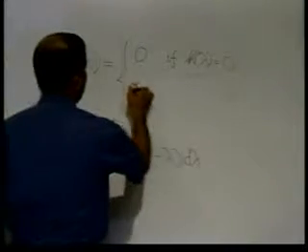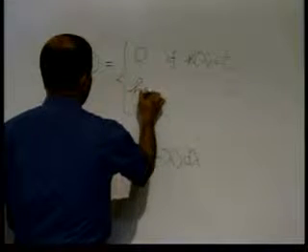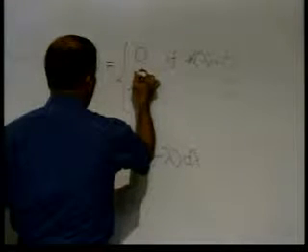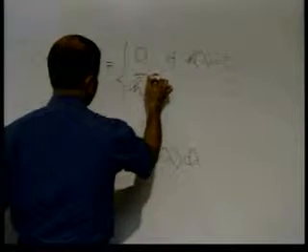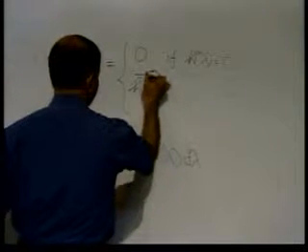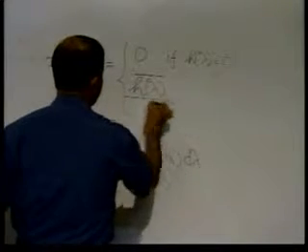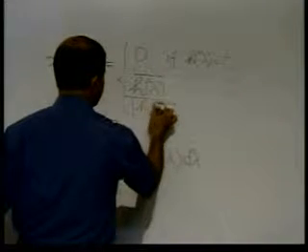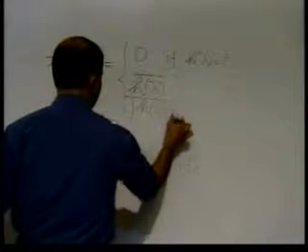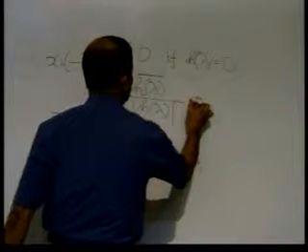If it is not 0, I do the following. I have h bar λ divided by mod h λ, if h λ is not 0.